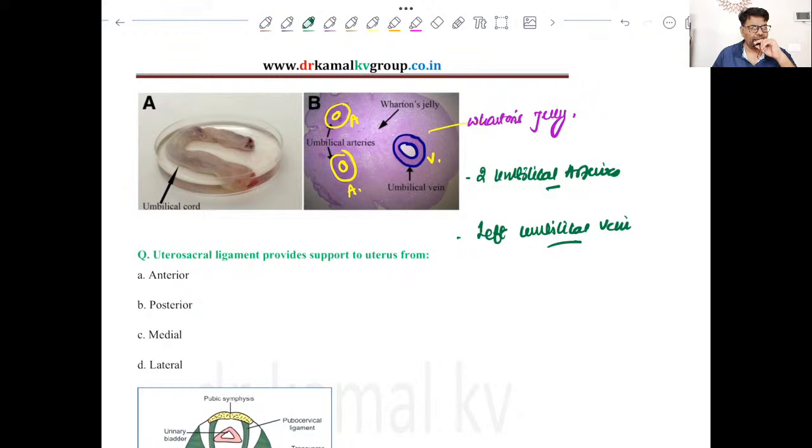This is what we have derived from this discussion. Now these are fetal structures, okay? We know that once the fetus is born, the physiology changes, and these fetal structures disappear in infant life.